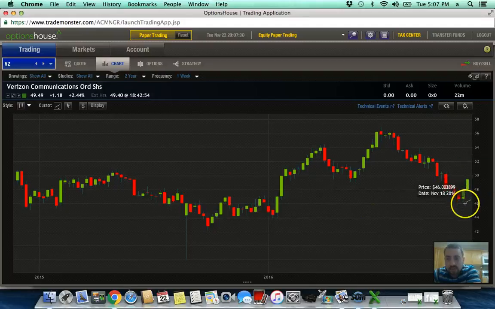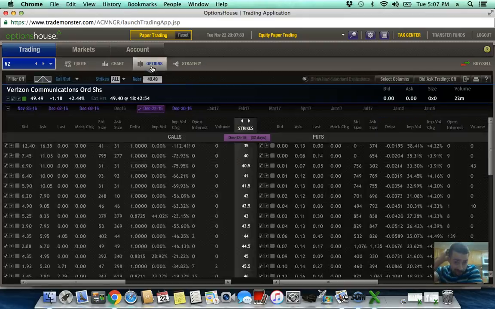It dipped to 46 within this last month, and it's kind of shot back up to around the 50 area. Verizon is a blue chip stock, so it's very steady, stays in the range, and over time usually goes up, because most blue chips actually go up. So we'll go to the options chart right now, real quick.